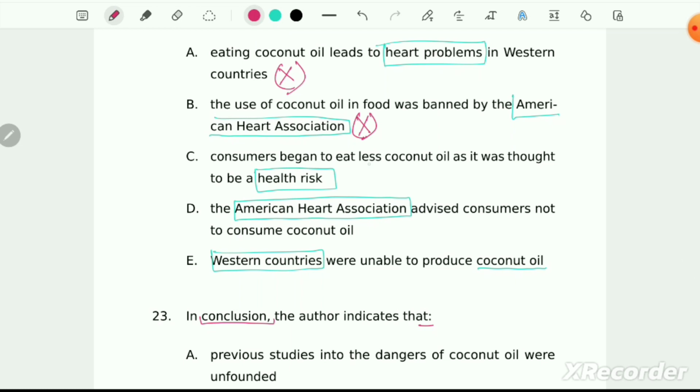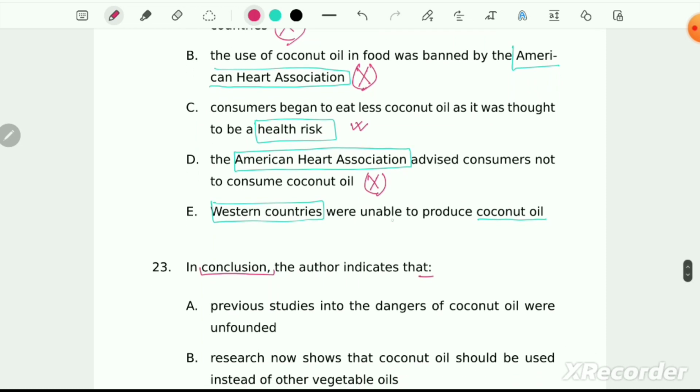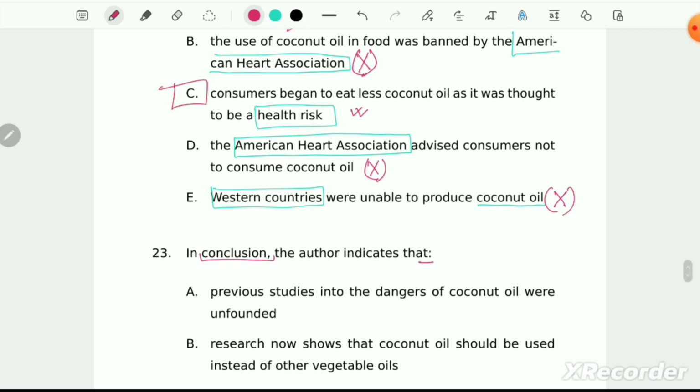Consumers began to eat less coconut oil as it was thought to be a health risk. That could be an answer. Let's read out the others. The American Heart Association advised consumers not to consume coconut oil. No, they didn't advise that either. They just informed. Western countries were unable to produce coconut oil. This information was not given. So our correct answer is C.